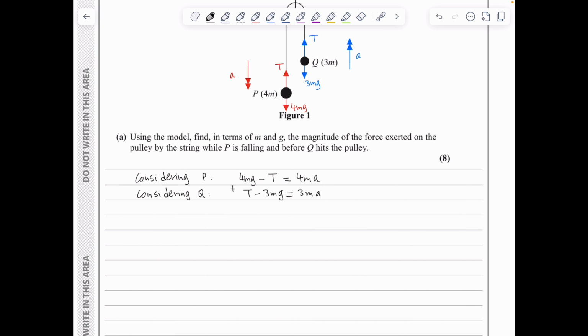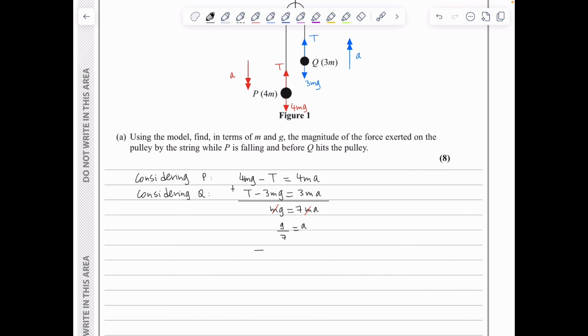I can add the two up to eliminate T, so we're looking at mg being equal to 7ma. I will cancel out the m, and we arrive at the acceleration being g over 7, and I can then proceed to finding the tension.